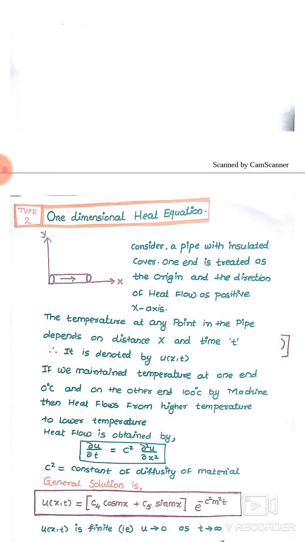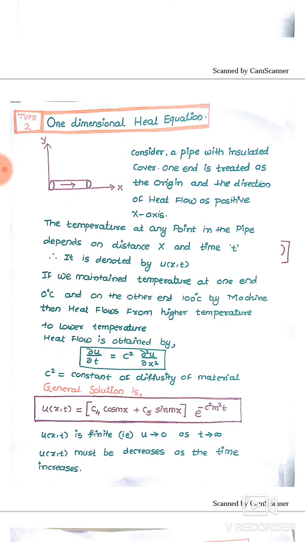Let's see type number 2. Type number 2 is one-dimensional heat equation. For the wave equation, we considered the elastic string, and for the elastic string we can calculate deflection. For the one-dimensional heat equation, we are going to consider a pipe.